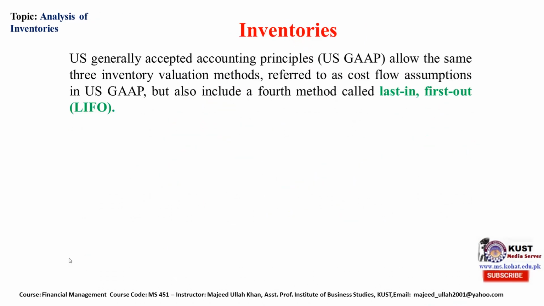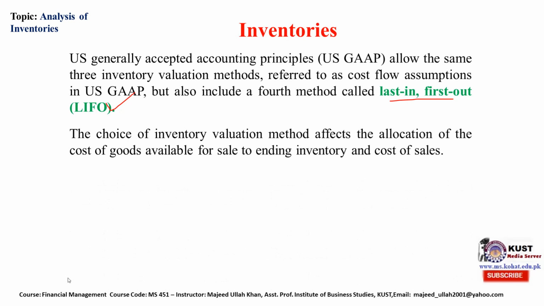In the US, generally accepted principles allow the three methods as discussed earlier, which are FIFO, specific identification method, and weighted average cost of inventory. But US GAAP also allows one fourth method, which is called last in, first out, known as the LIFO method.